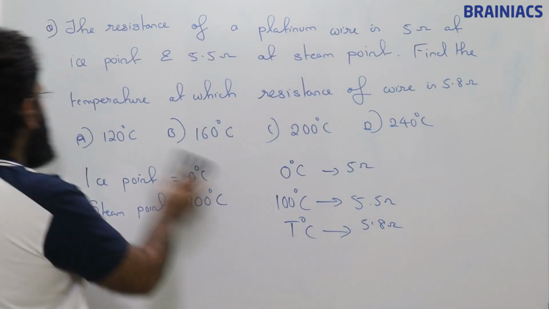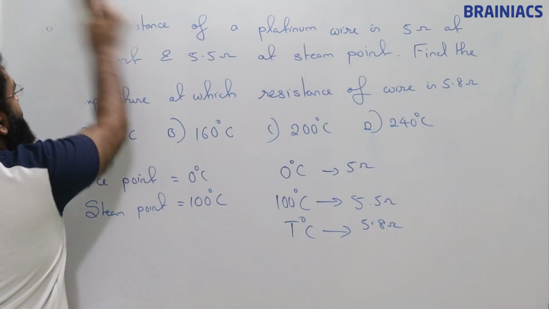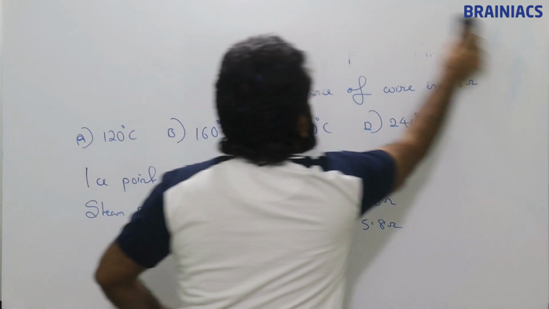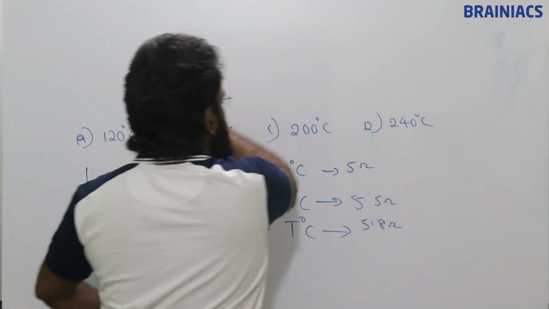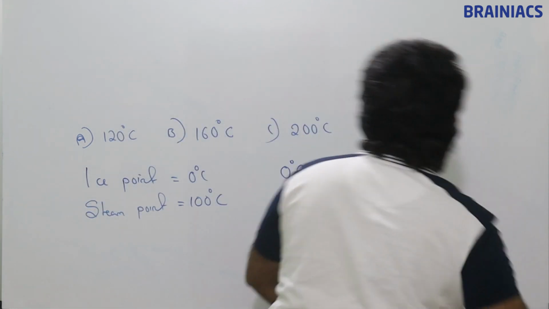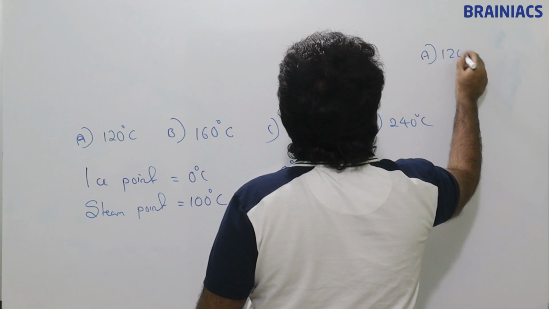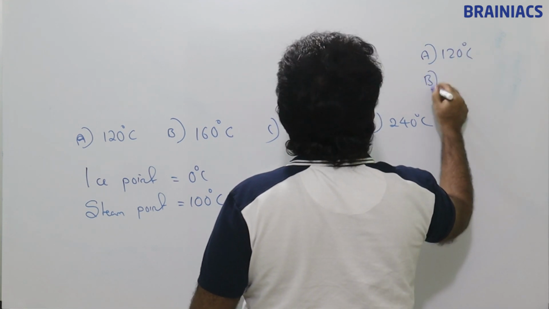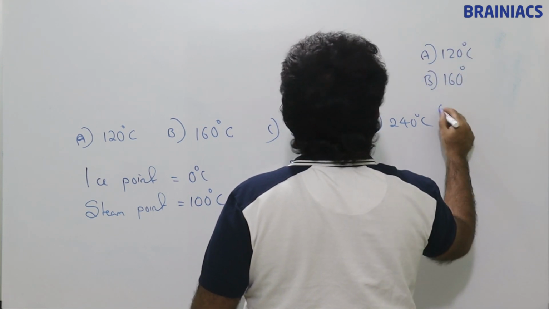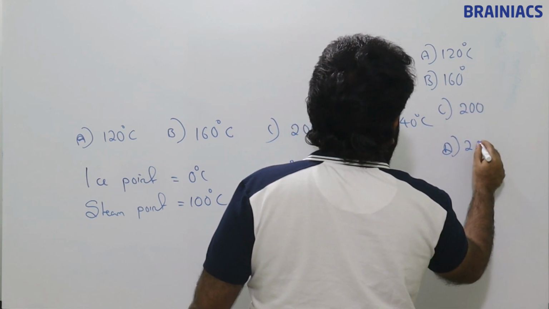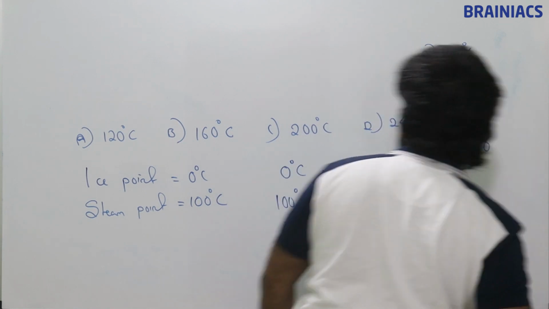I copied the data, so I am erasing this. Options we will write here: 120, 160, 200 and 240.